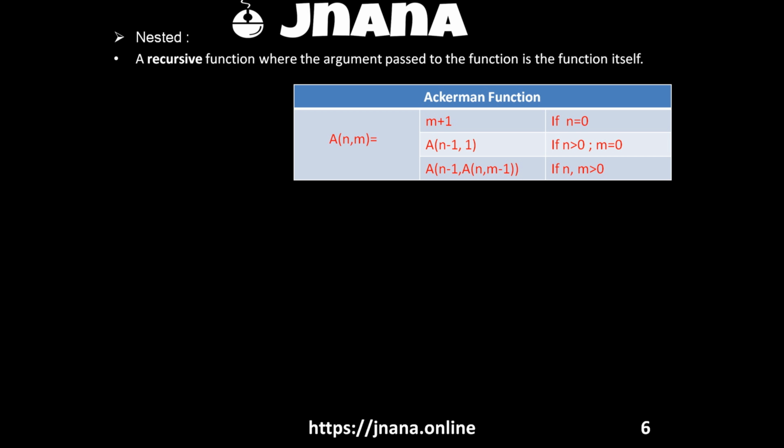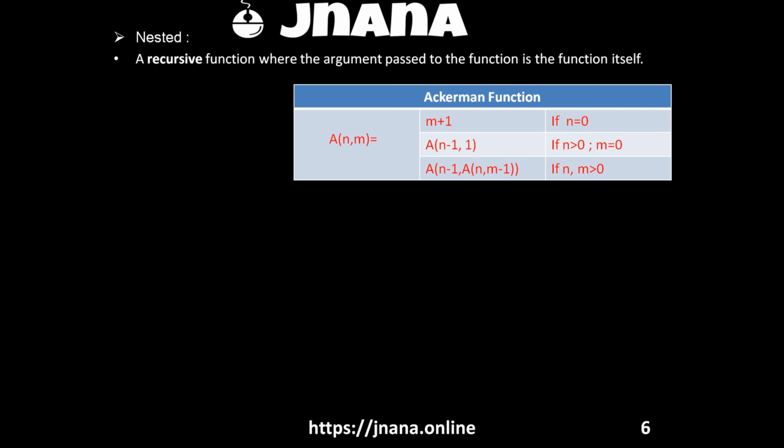Here we can see this is a nested function: A of n minus 1 comma A of n comma m minus 1. The function is given as a parameter to the function itself. Here what we want to remember is there are two variables, n and m, and some cases.